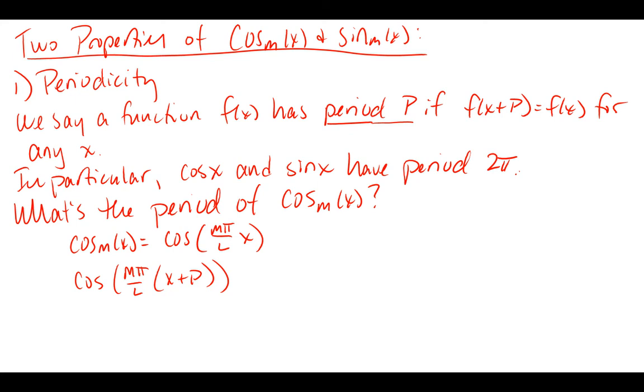My goal is to have that be equal to cosine of just m pi over L x. So if I do that, I'd have cosine of m pi over L x plus m pi over L p.